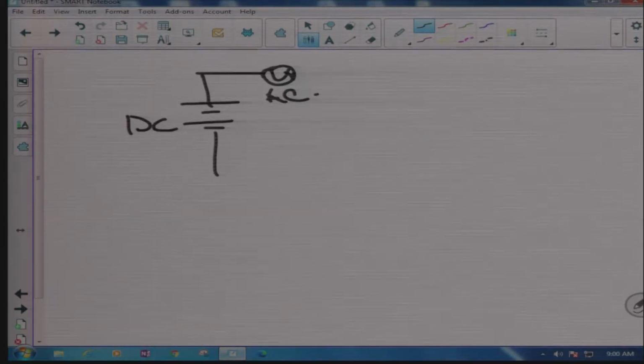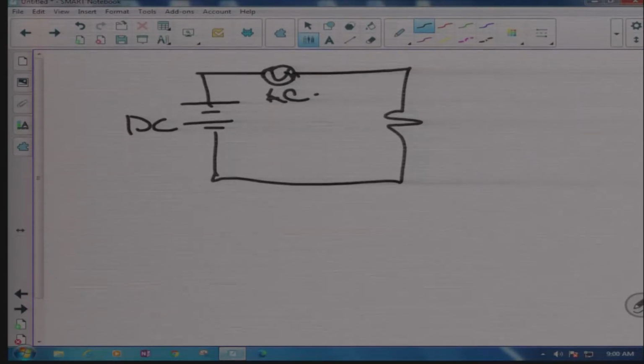And I have a load connected. Without the DC, normally this is what you'll get if my DC is not connected.